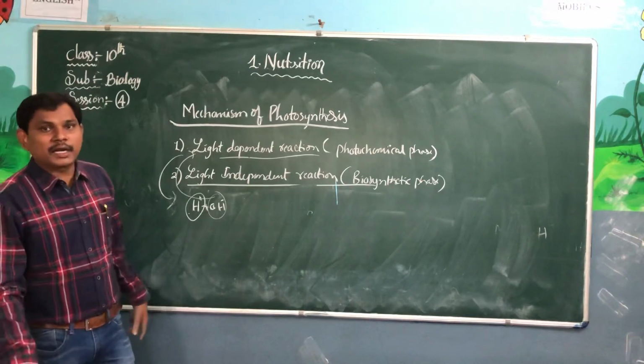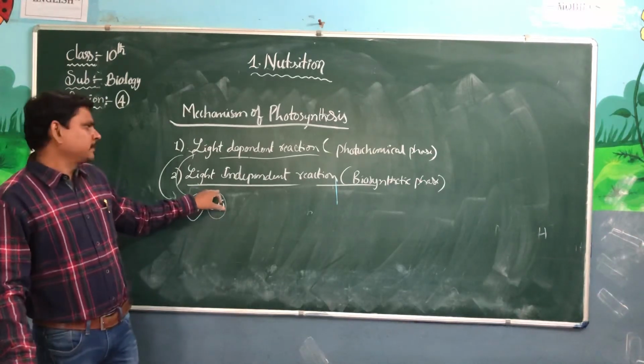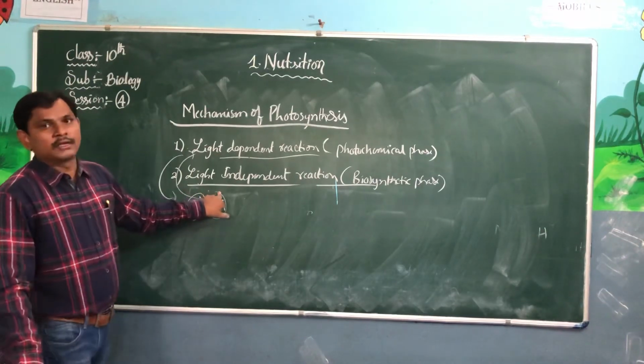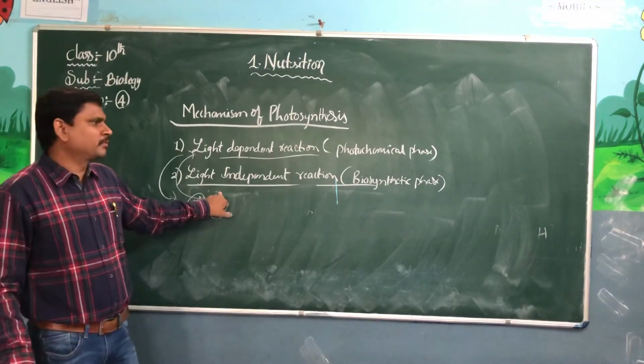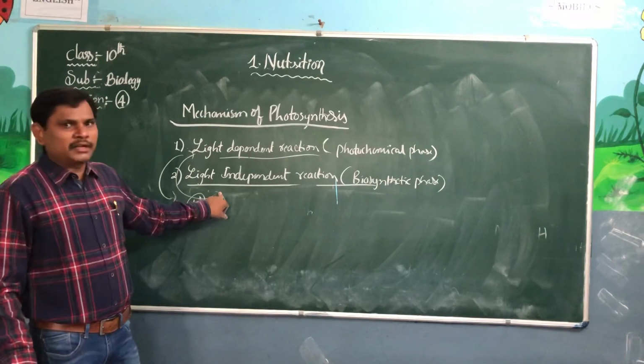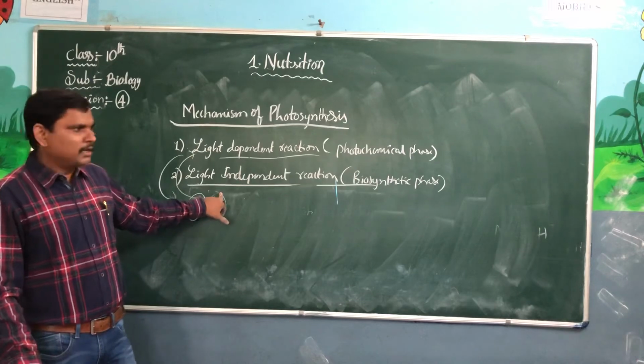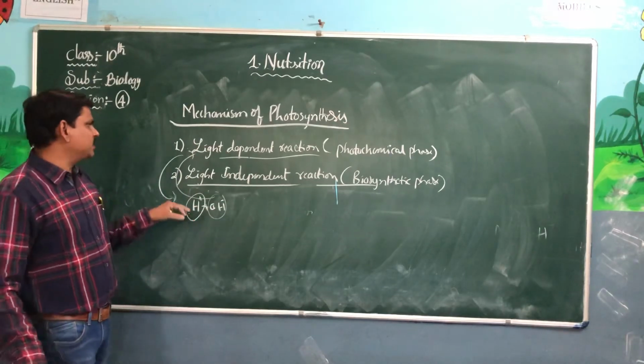Light is not required for this process. It does not depend on the light, so it is also called the dark reaction. Dark reaction does not mean it happens in a dark room, it means light is not necessary.